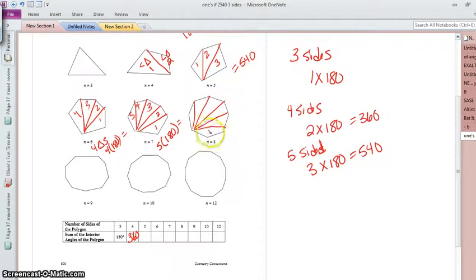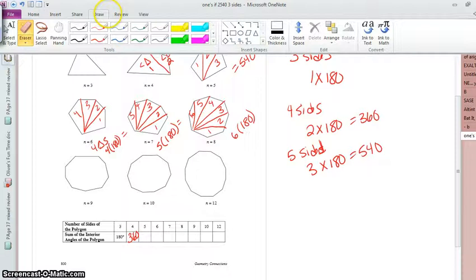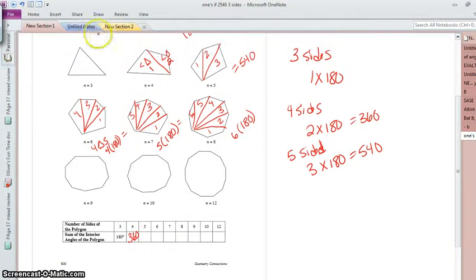For an 8-sided figure, I'm able to draw 5 diagonals. How many triangles did I get? Nine-sided figure. I'm coming out with 8 triangles, but I know that that's not correct.